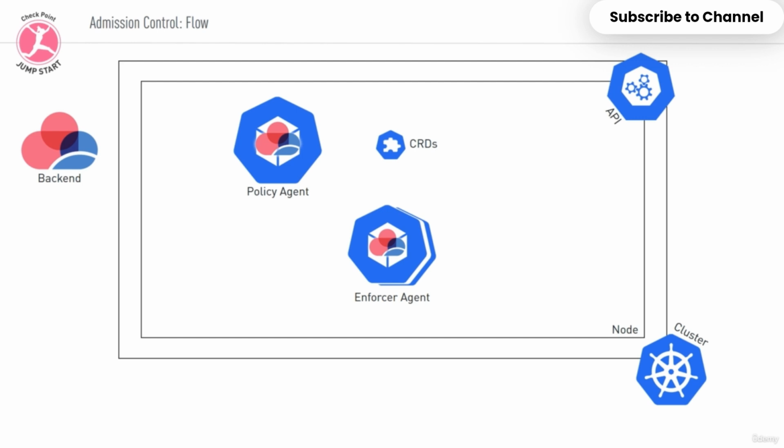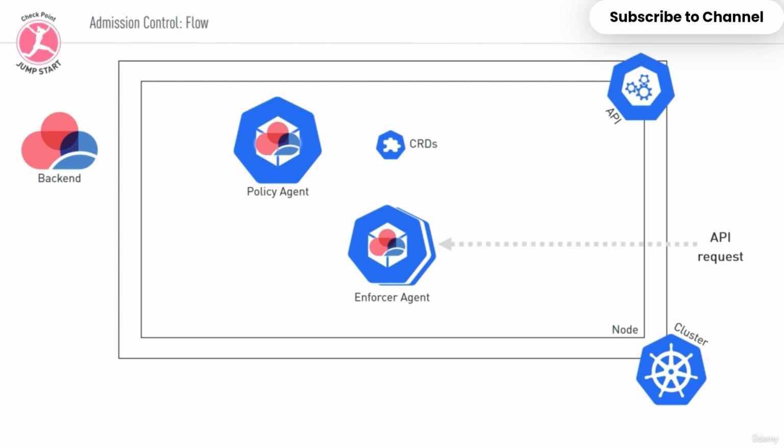So, once deployed, the flow looks like this. The policy agent retrieves user-defined admission criteria based on configurations and policies from the CloudGuard backend, and updates the CRDs accordingly. Once any API request to the Kubernetes cluster API server comes in, it is intercepted by the enforcer agent. The enforcer agent evaluates the API call, making sure it is not malicious based on the CRD definitions.